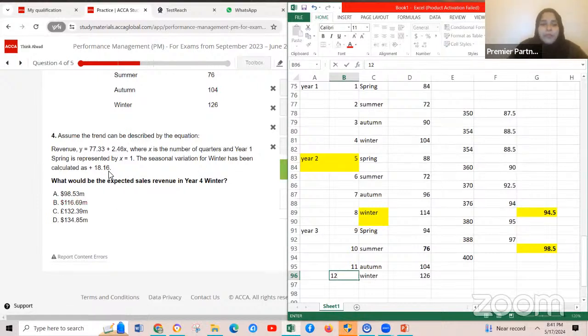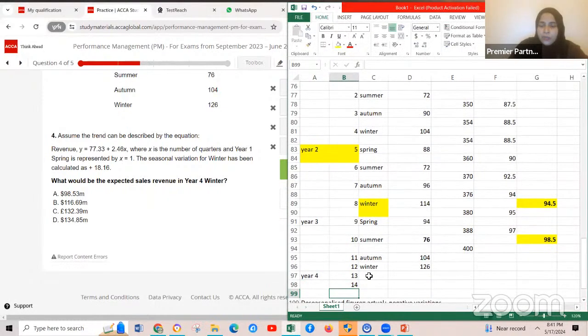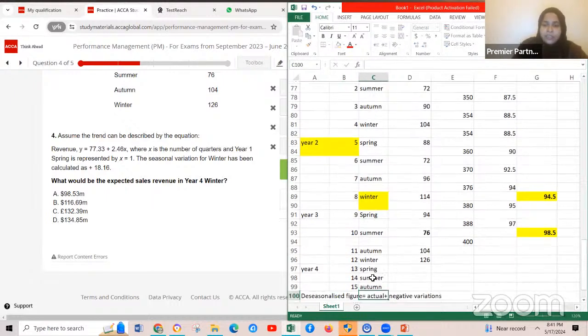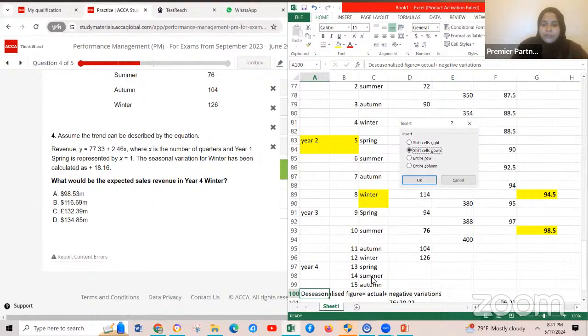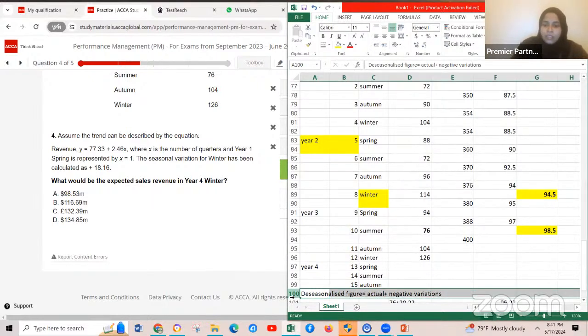First, we have to find the trend before we adjust that. What would be the expected sales revenue for year 4 winter? Year 4 winter will be, what is the number for year 4 winter? Year 4 spring 13, year 4 summer 14, year 4 autumn 15, year 4 winter is how much then? Year 4 winter will be 16, no?